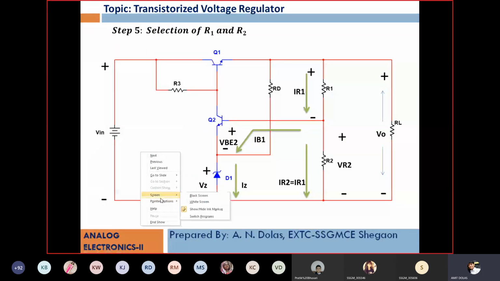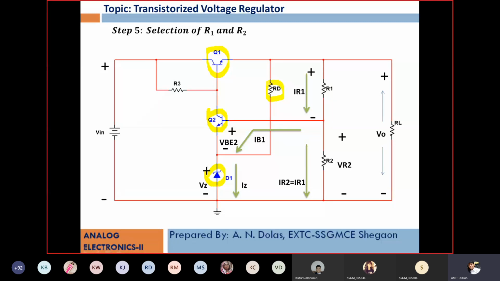And lastly is selection of R1 and R2. We have seen selection of Q1, Q2, Zener D1, then RD along with Zener diode, then R3. Only from the circuit R1 and R2 is remaining. So we will see the selection of R1 and R2.